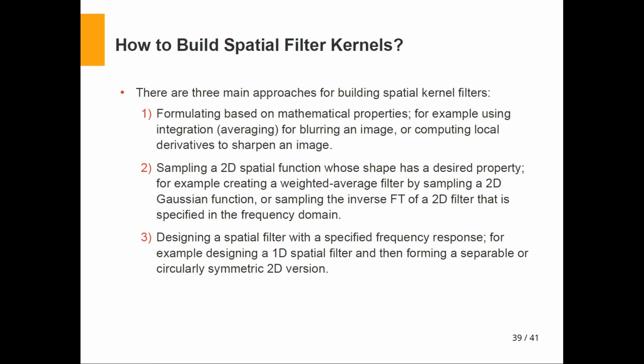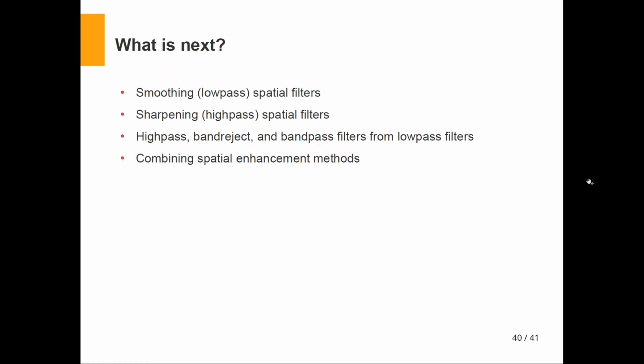And finally, we can design a spatial filter with a specified frequency response, for example, designing a 1D spatial filter and then forming a separable or circularly symmetric 2D version of that. Of course, we will see more examples of these in the upcoming lecture.